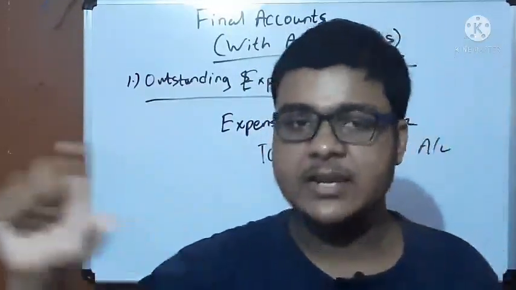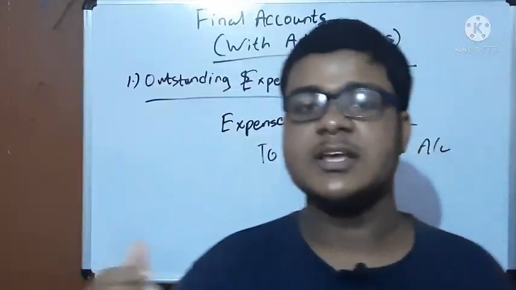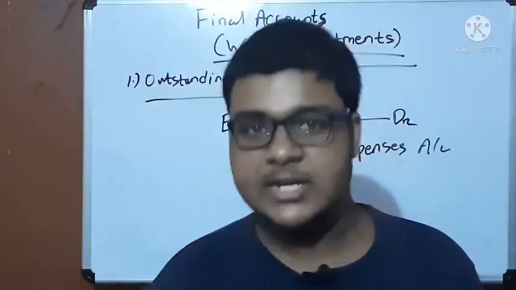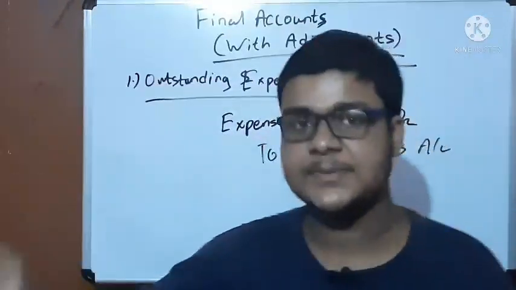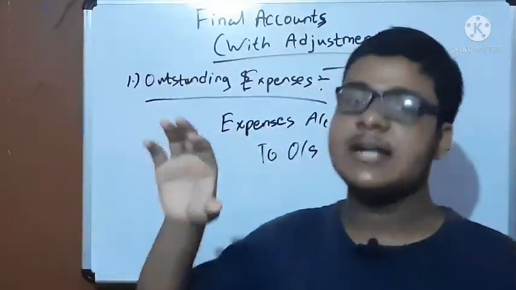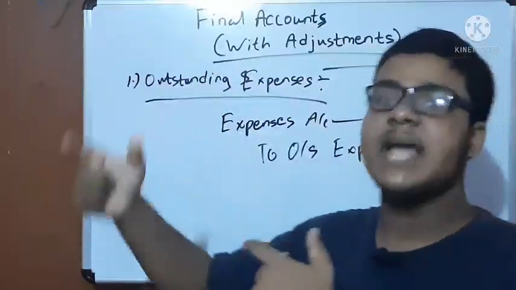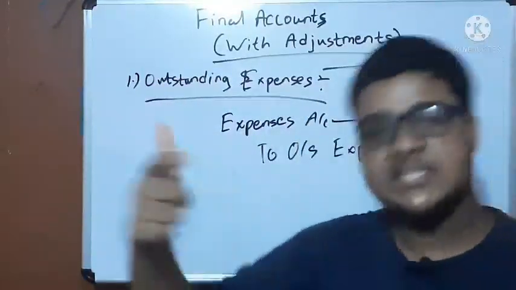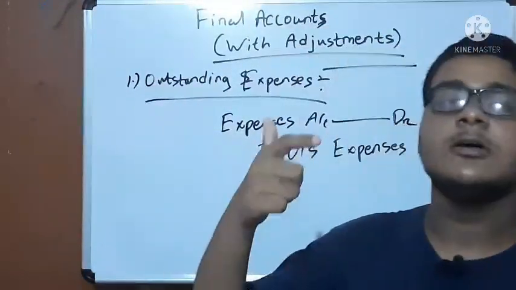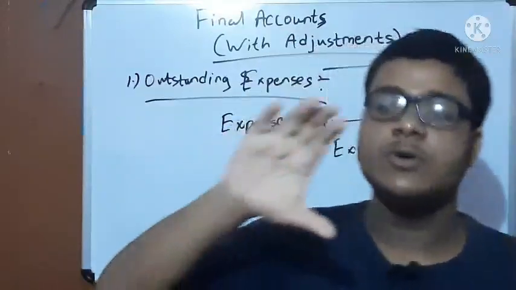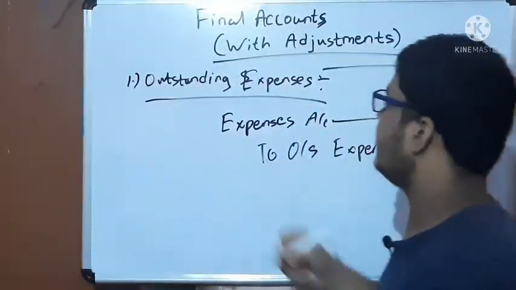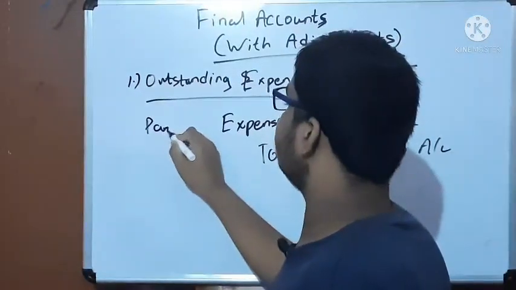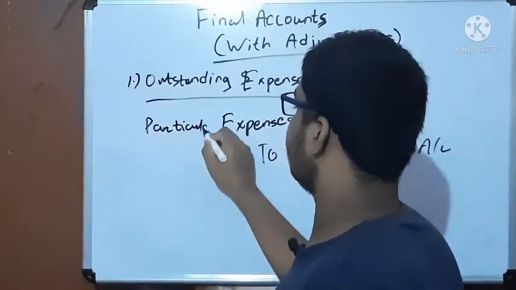If salary is given, no outstanding wages is added. Is it clear? Only if salary is given and outstanding salary is given, then add salary with outstanding salary, not wages with outstanding salary, and not salary with outstanding wages. Only the appropriate, particular expense.